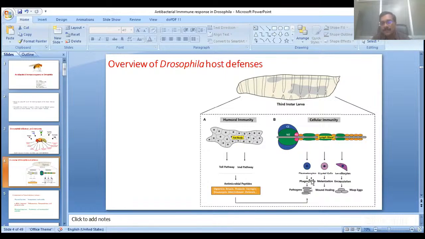Each type of cell kills pathogens: plasmatocytes via phagocytosis, and crystal cells are responsible for melanization and wound healing. When wasp eggs, like parasites, infect, the lamellocytes encapsulate them and kill them. So this is just an overview of how the Drosophila fly defends against pathogens.